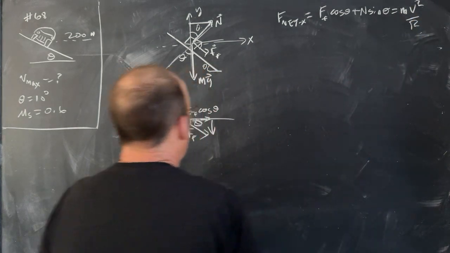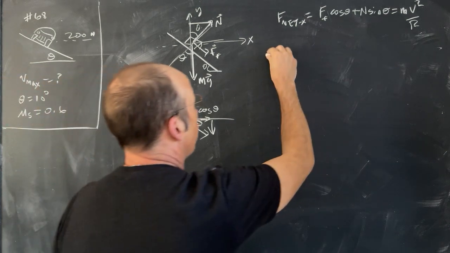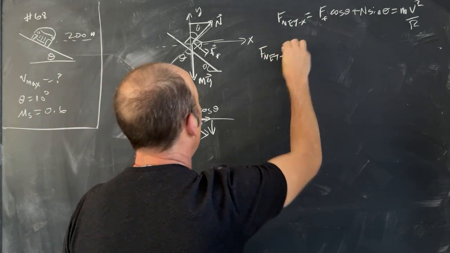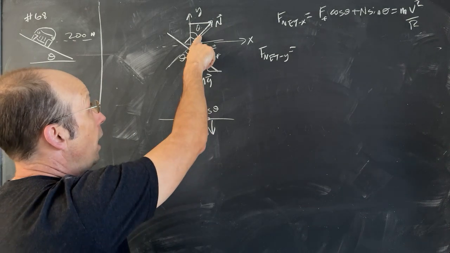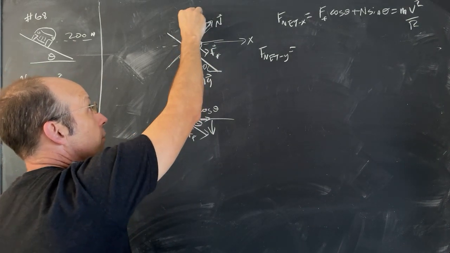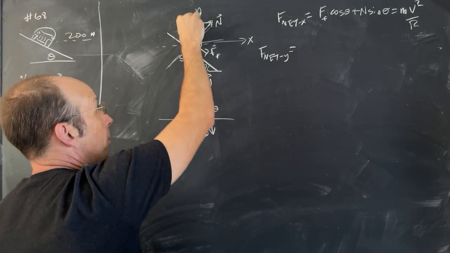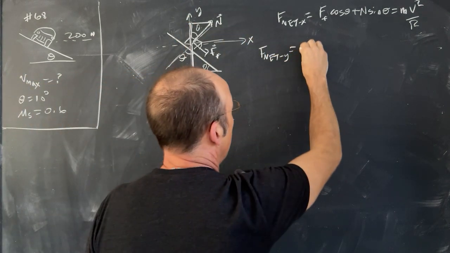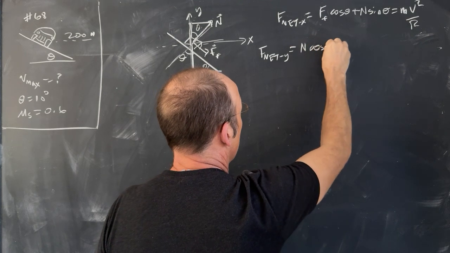Okay. Now let's do the same thing for the y direction. F net in the y direction. Okay, what forces are in the y direction? Well, I have, again, the normal force. This side of the normal force is going to be the y component. So that's the adjacent side of that triangle, so it's going to be N cosine theta.